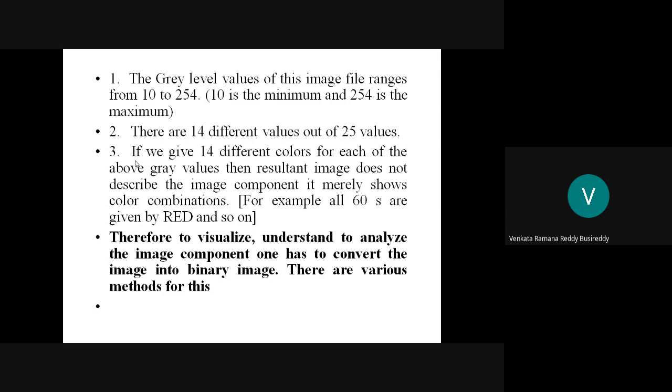In that gray level image, there are 4 different values out of 25 values. If we give 14 different colors for each of the above gray level values, then the result image does not describe the image component; it merely shows a color combination. If I throw color onto a wall, you will not get any image. Therefore, to visualize, understand and analyze the image component, one has to convert the image into a binary image.